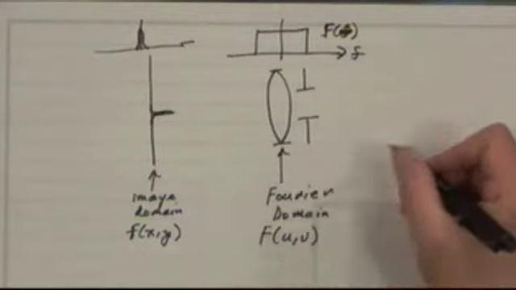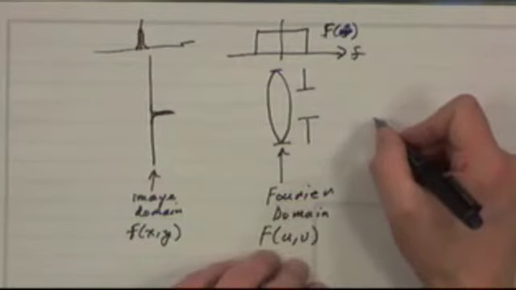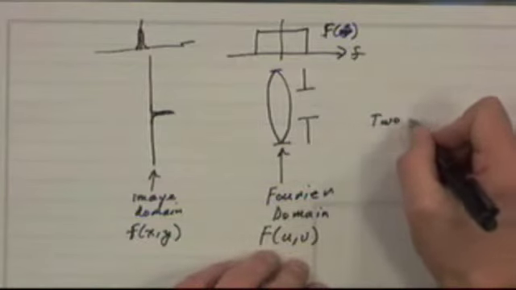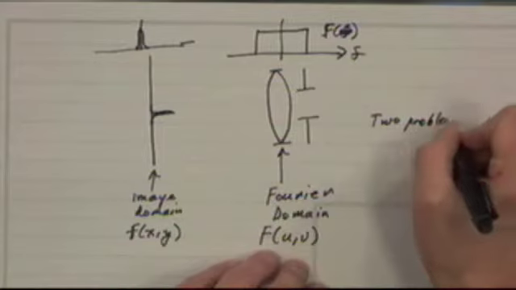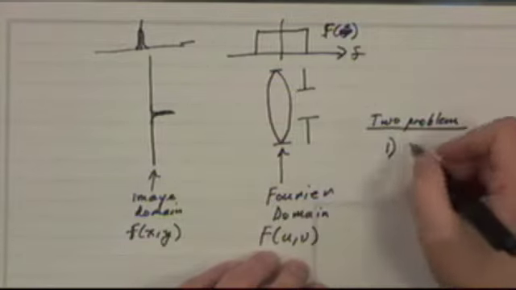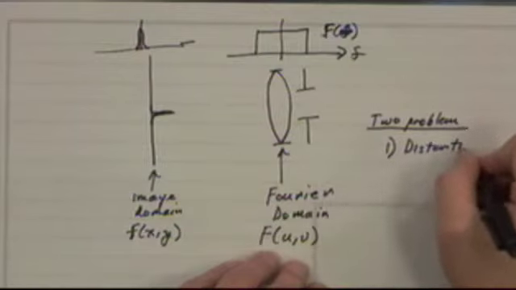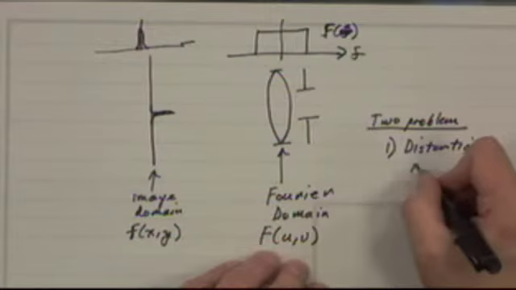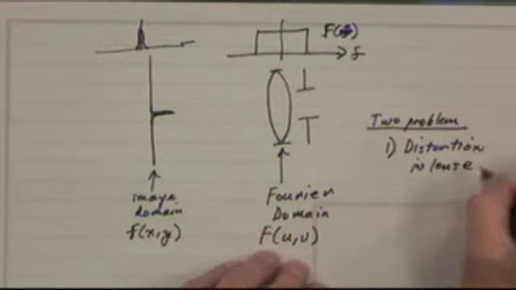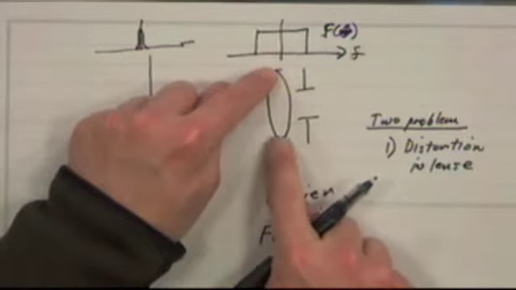There's two problems with a large aperture. One is that you get distortion in the lens. As you get further out to the edges of the lens, there's more and more distortion.